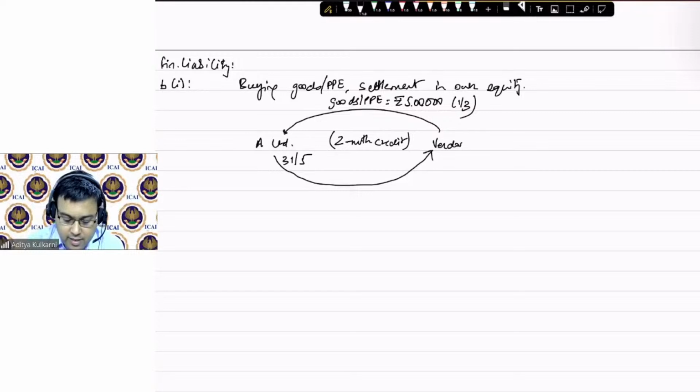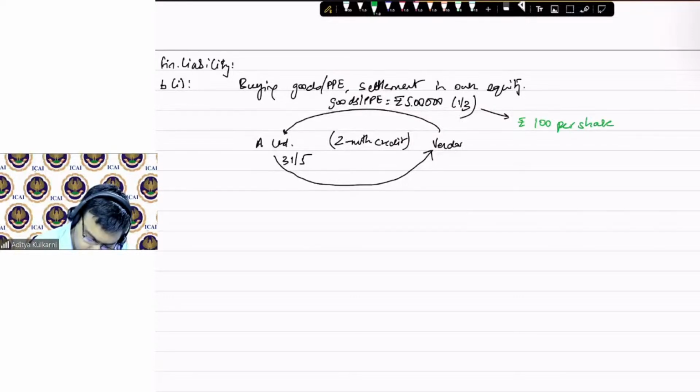Suppose today's date is 1st March and the market price is rupees 100 per share.